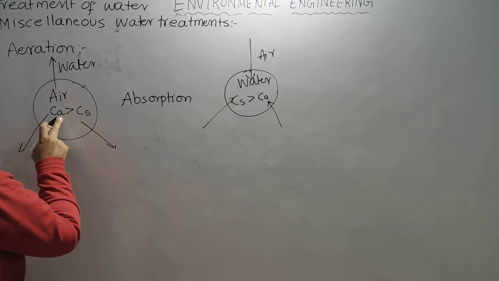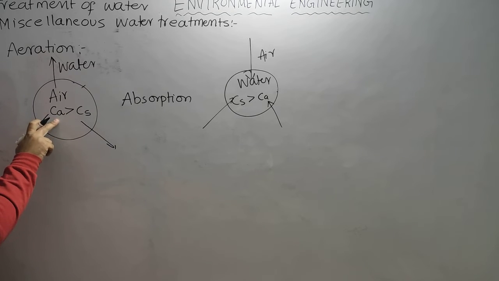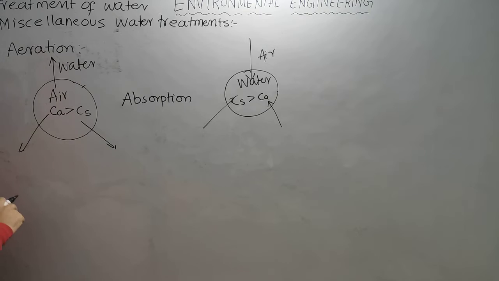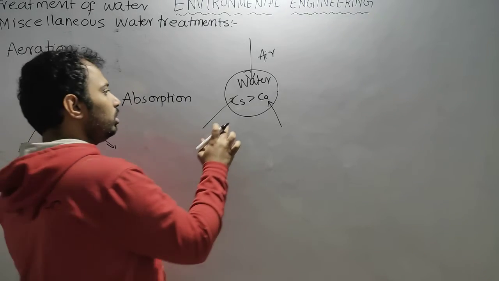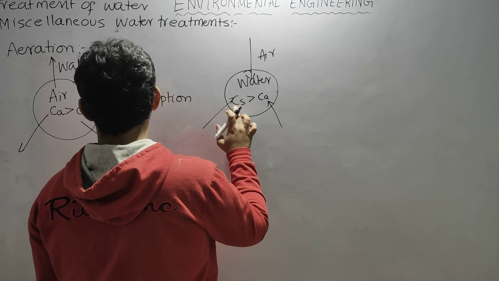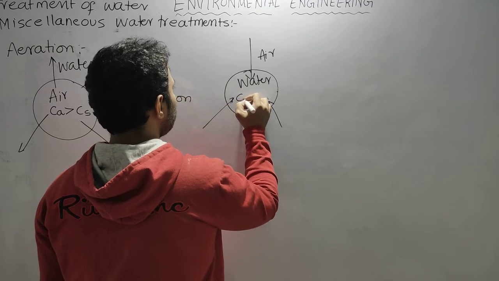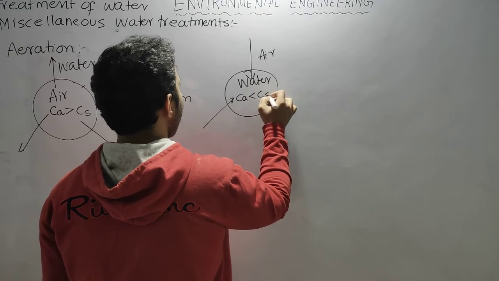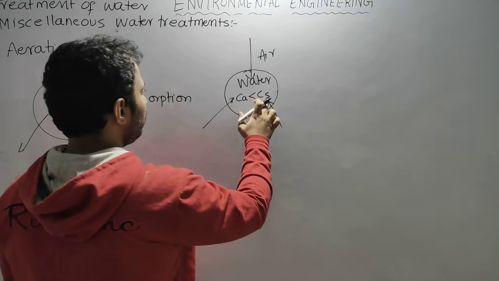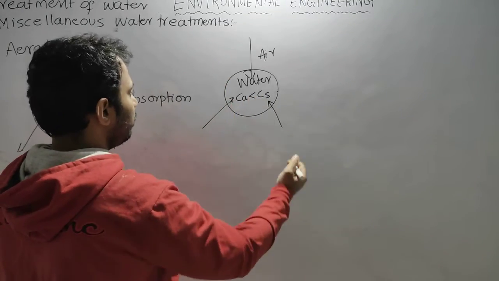Here this is the concentration of O2 in air. In air, the O2 concentration is more than the saturation, that is why it is releasing into the water. Here, if you are taking water, the actual concentration is less than the saturation concentration, so that is why it is taking it from the outside air.